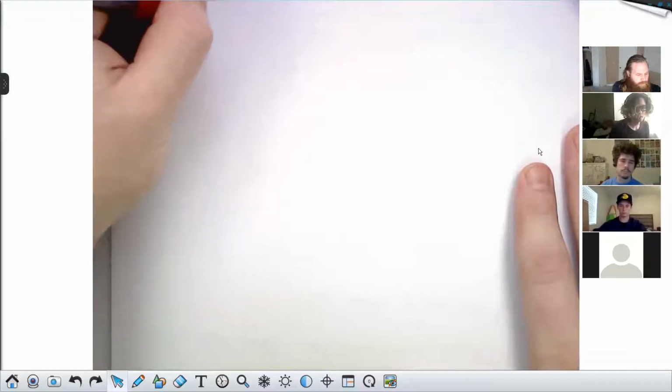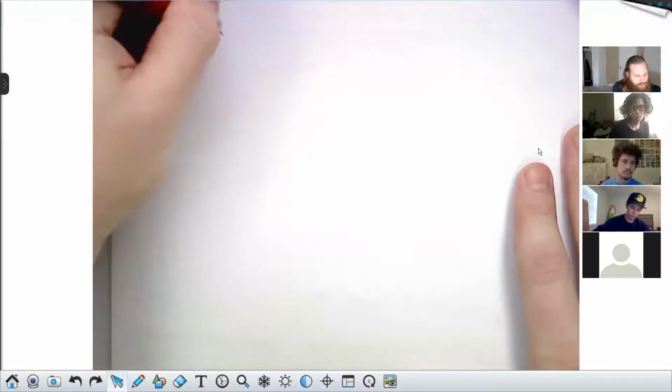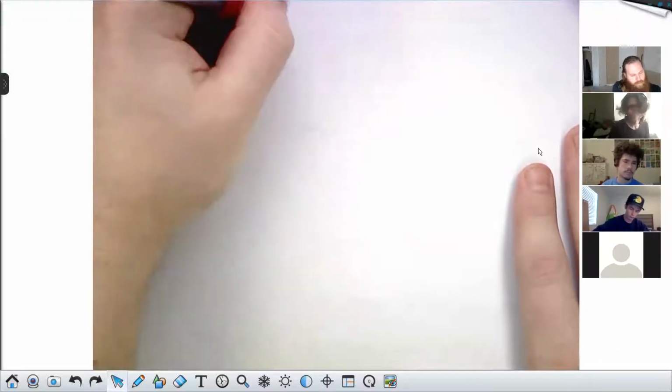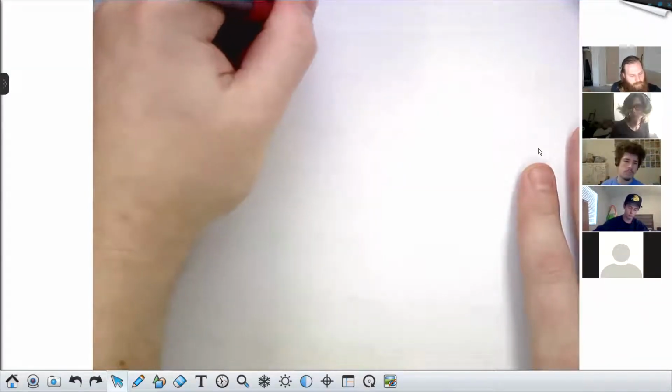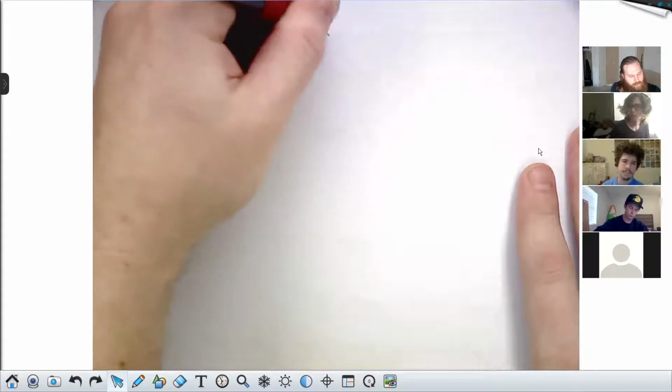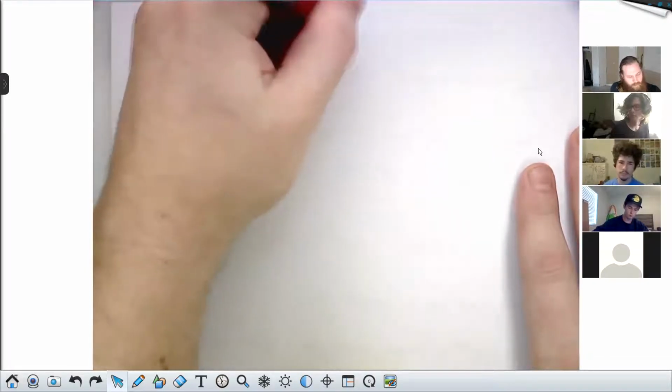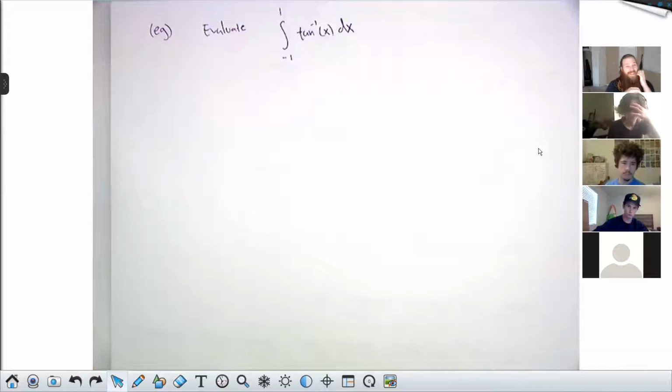Let's evaluate the integral from -1 to 1 of the inverse tangent function.